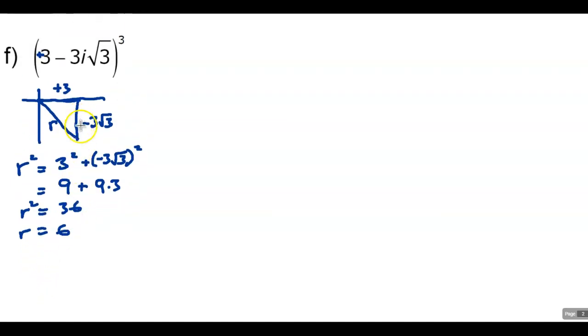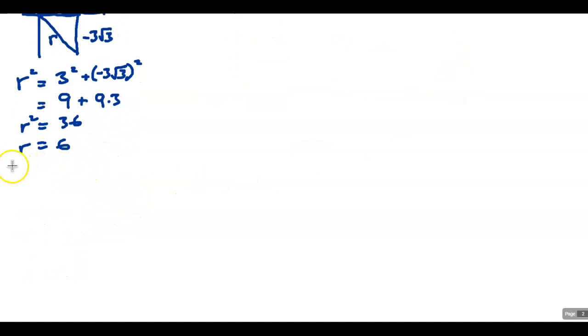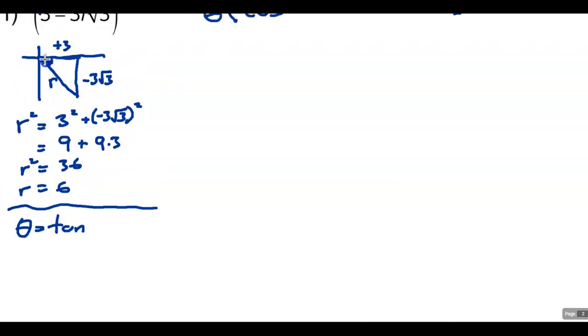All right, and then that's part 1. So I know my trig form will be 6, and then I just need the angle now. So let's do the angle. Same thing. We have theta will be arctangent. The opposite, or the rise, is negative 3 root 3.